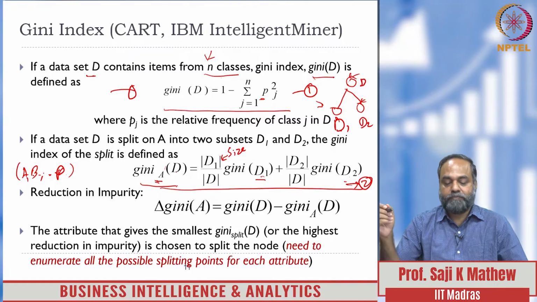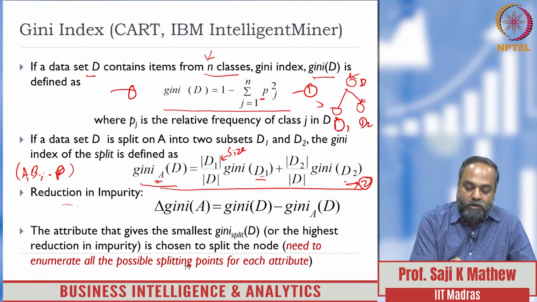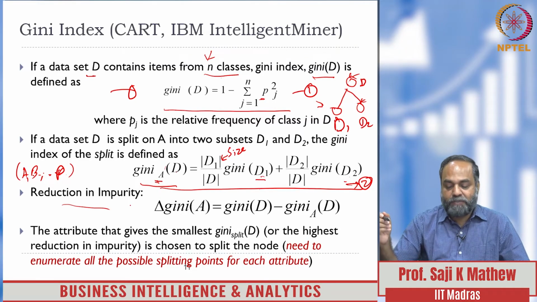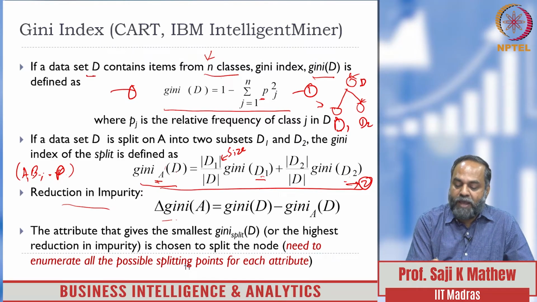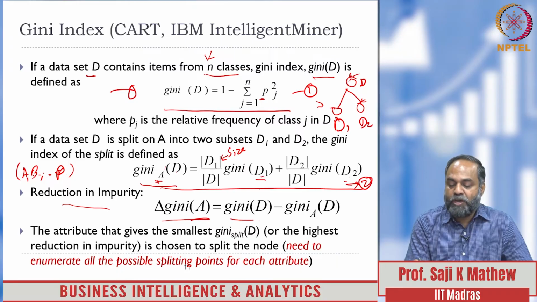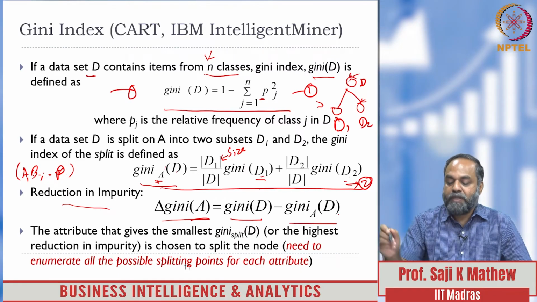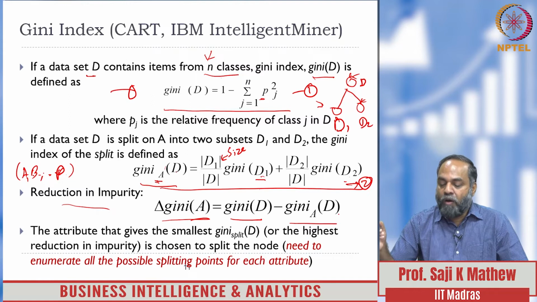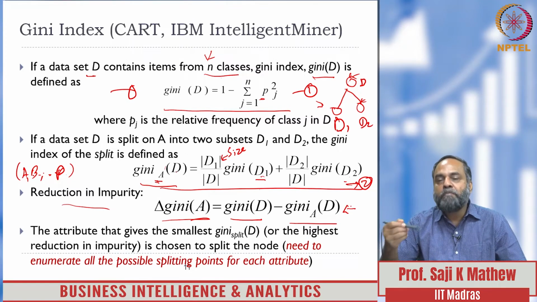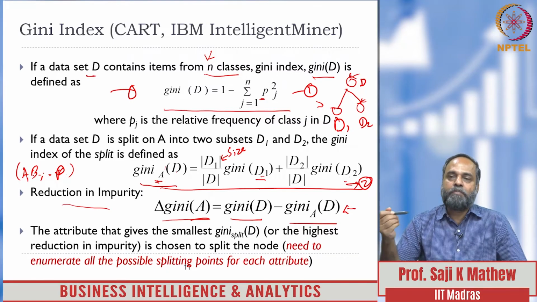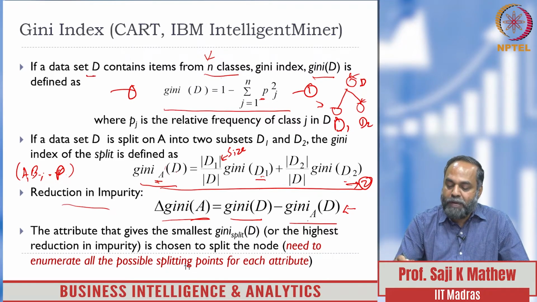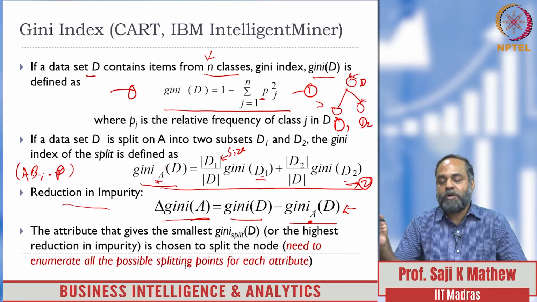And then of course you can calculate something known as a differential Gini, the reduction in impurity when split based on A, which is the Gini of D minus Gini of the split based on A. That is the net improvement in purity that you achieved when you split the node into two based on attribute A. Now this is becoming quite obvious to us.